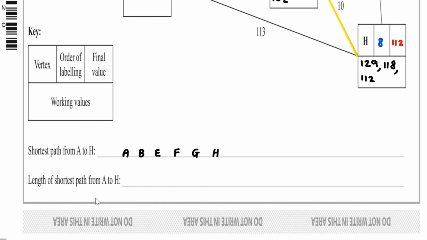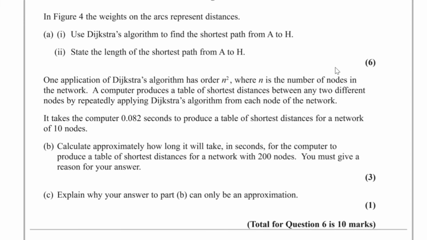So now when we come to state the length of the shortest path from A to H, that will indeed be 112. So we are considering this value here. Now, one application of Dijkstra's algorithm has order n squared, where n is the number of nodes in the network.